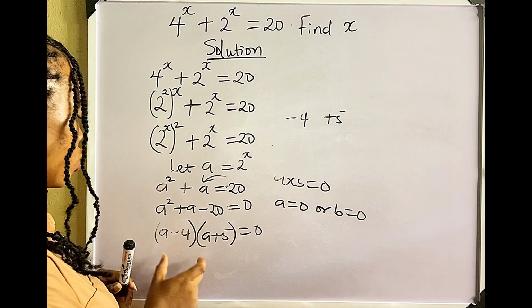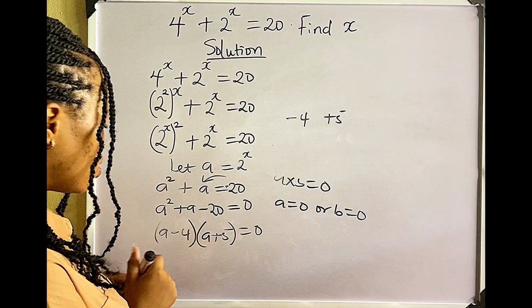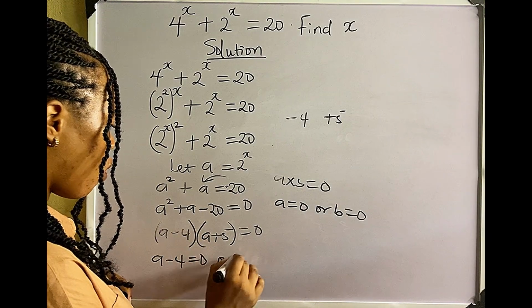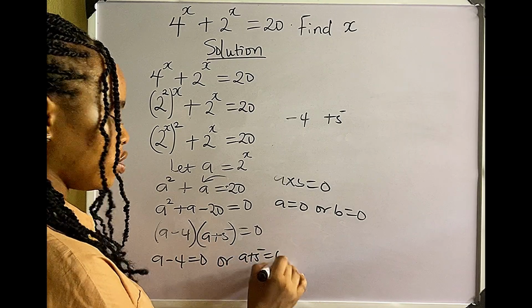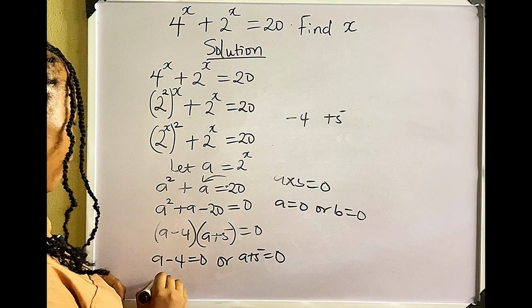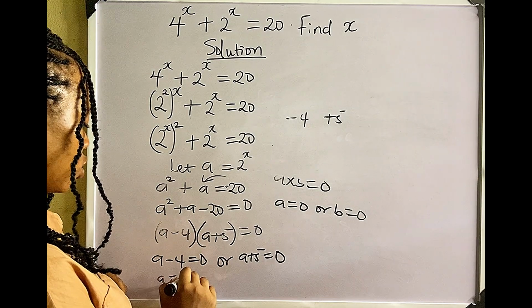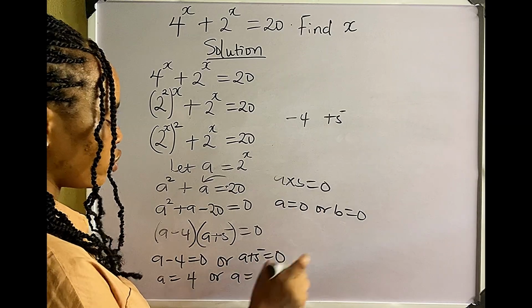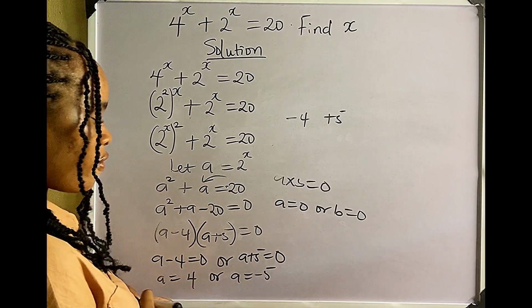Applying this here, if this times this is 0, it means that either a minus 4 is 0 or a plus 5 is 0. Now we move over to the other side. So we have a equals plus 4 or a equals minus 5, because the plus 5 moved over becomes minus 5.